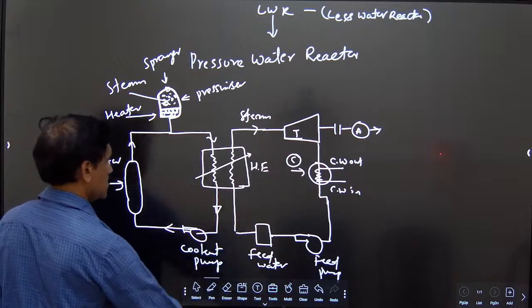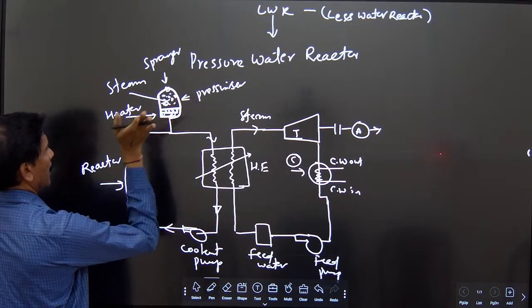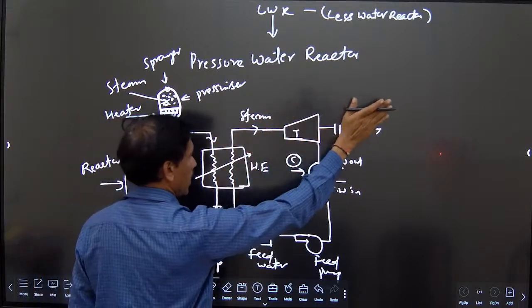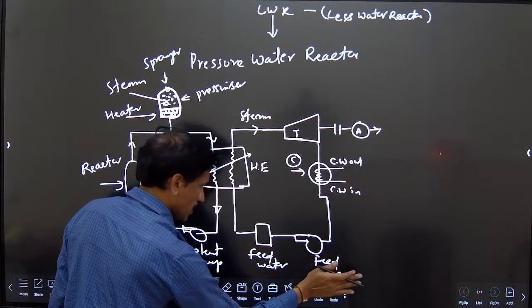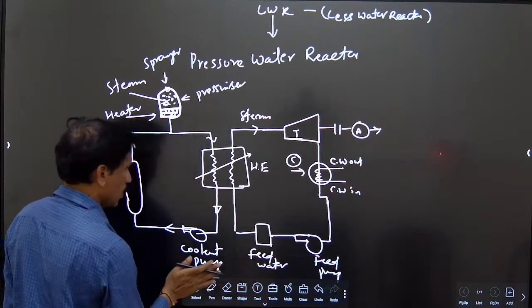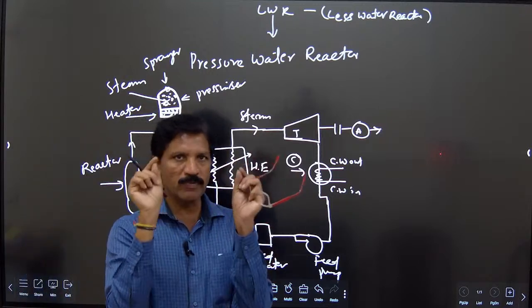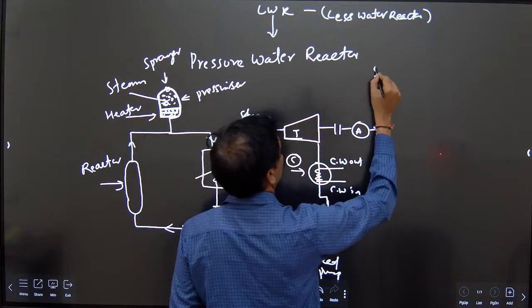See here, these are the important components: reactor, heater, steam, heat exchanger, turbine, alternator, condenser, feed water pump and coolant pump. This is a very small power plant because it produces only 500 megawatts.